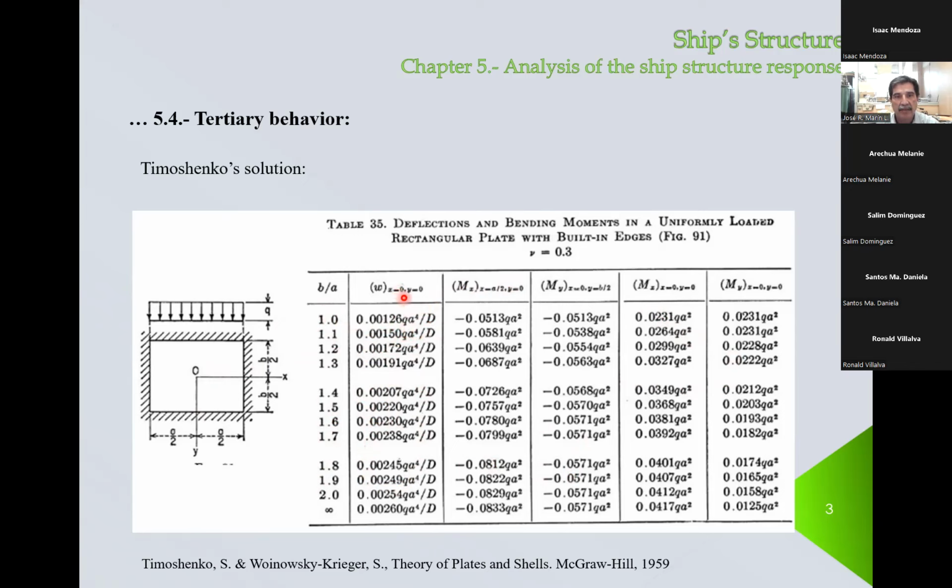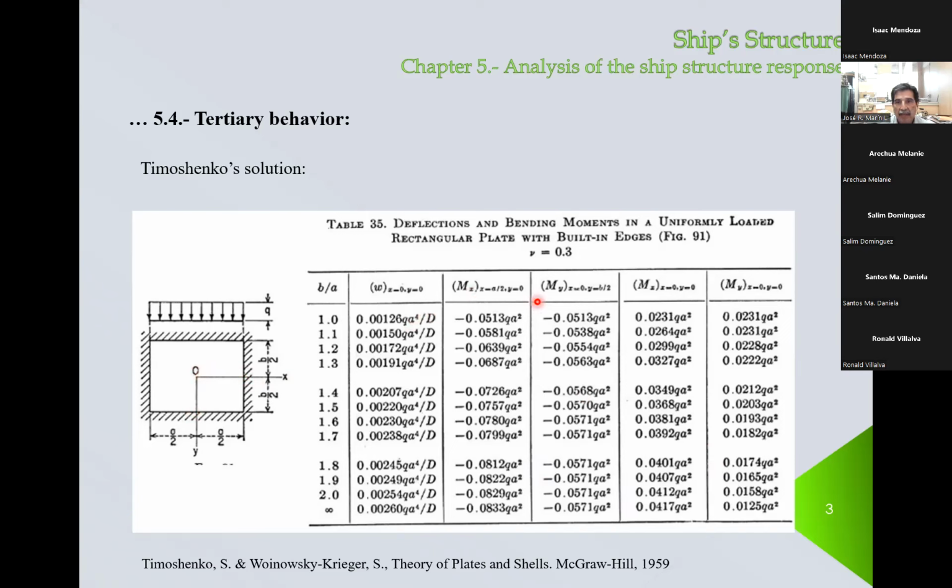You see that x equals 0, y equals 0, that's this point here. So according to the aspect ratio, the pressure, the minimum dimension, and D, you can estimate the deflection in the central part. And you can use these four columns to estimate the bending moment here, or in the center.